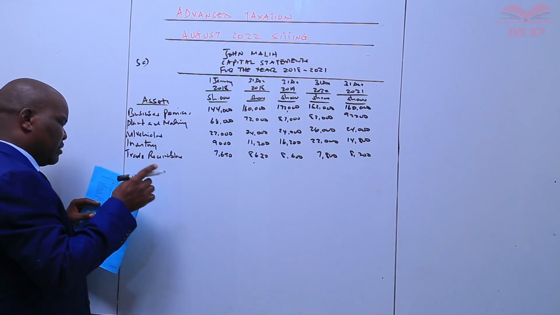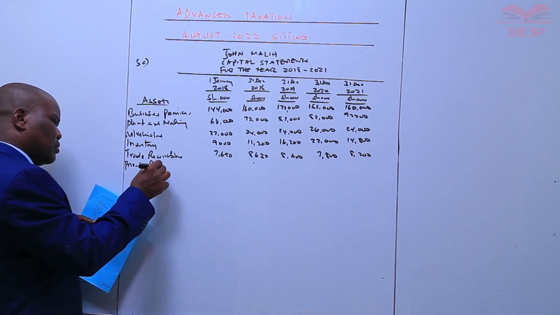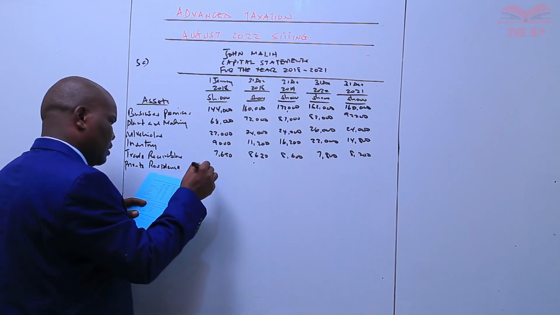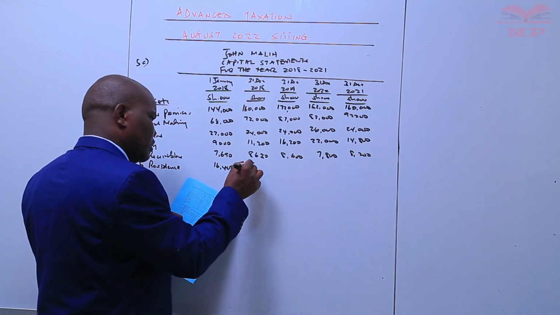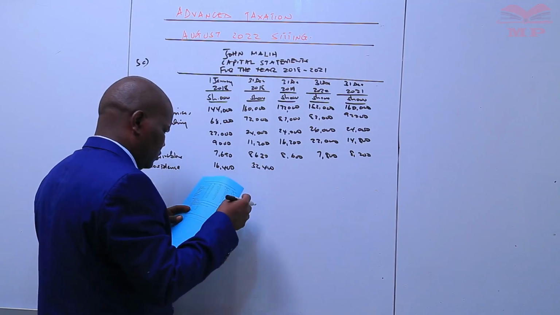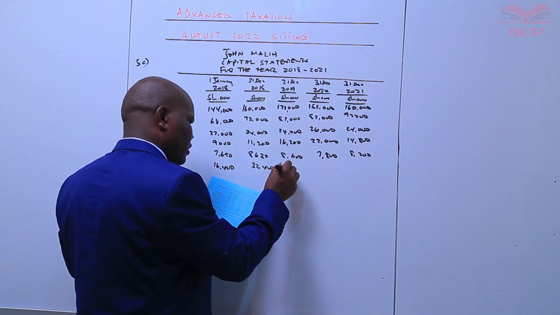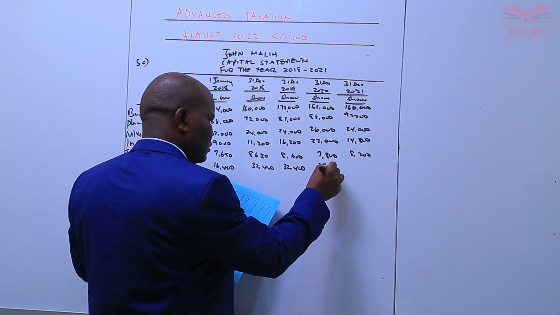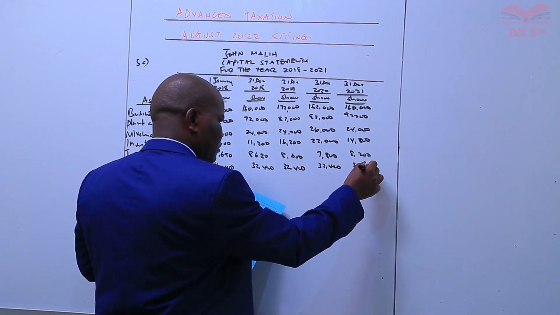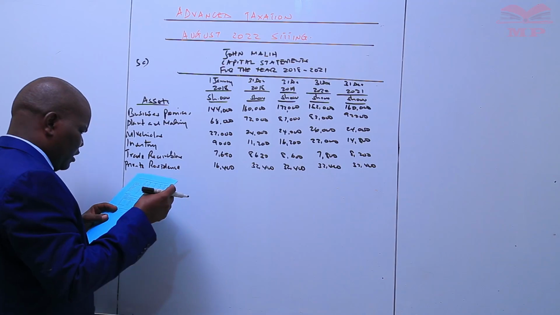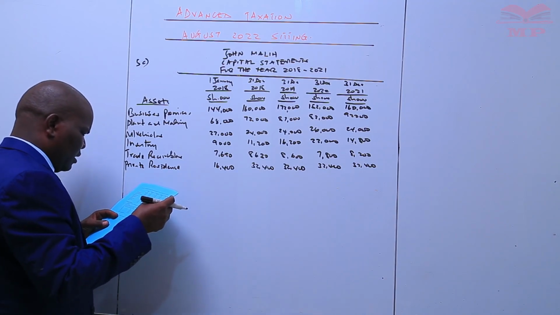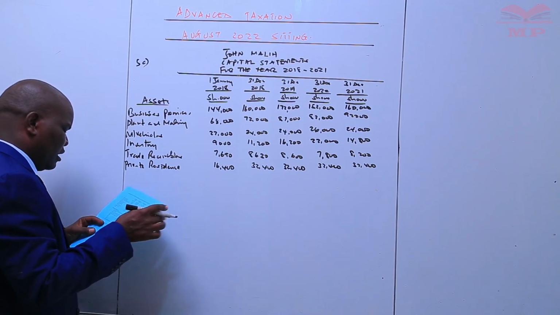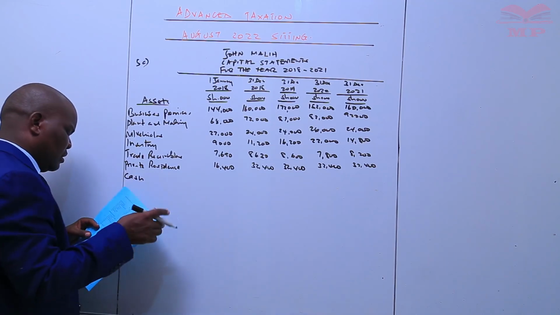Next we have private residence, an asset: 16,400, 32,400, 32,400 again, through. Trade payables are liabilities, bank loan liability, loan from a friend liability, mortgage loan liability. Then you have cash. Cash is an asset.